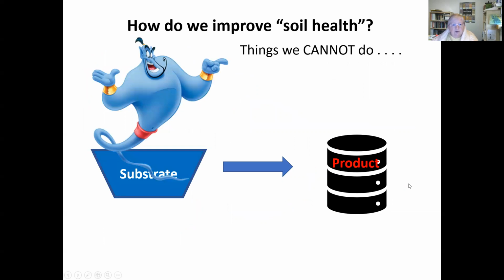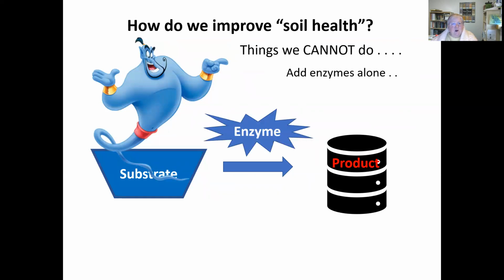So how do we improve soil health? Where's the magic genie? These are some things that we cannot do. I hope you understand enough now of how the soil microbiomes work that you'll understand why we can't do these things. We cannot add enzymes alone.